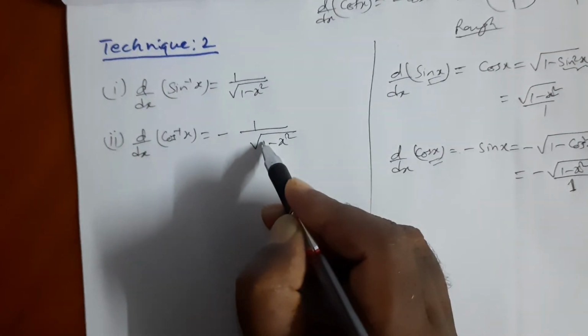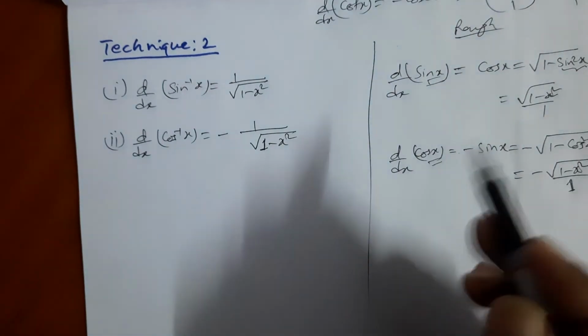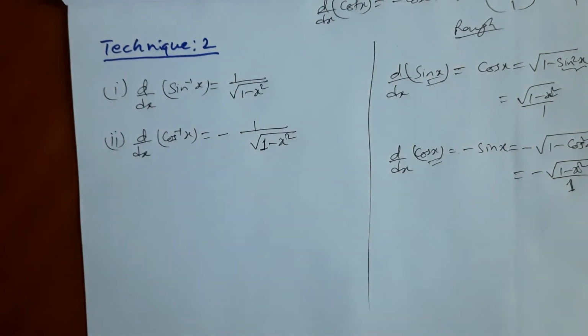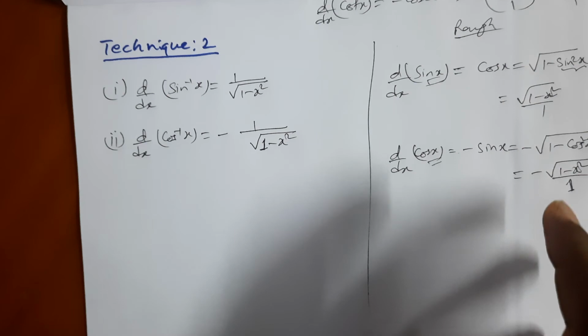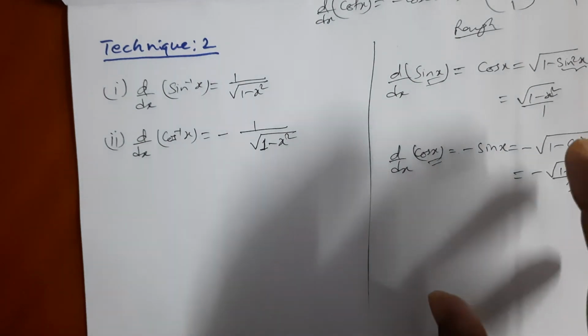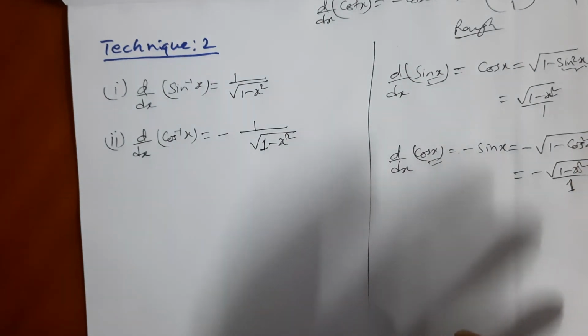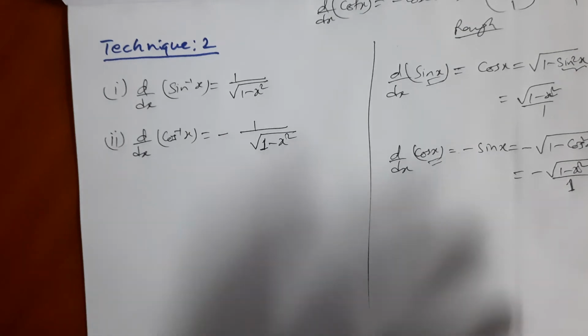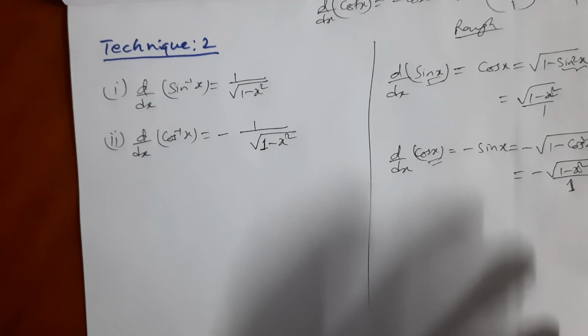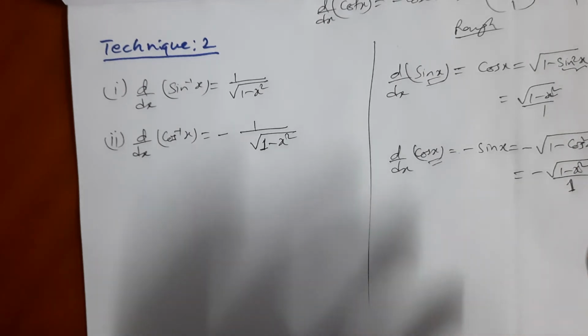I am warning you frequently that you should not take this as the process of derivation of the formula. This is just a hidden technique to remember the formula, because for the derivations we have a long process.